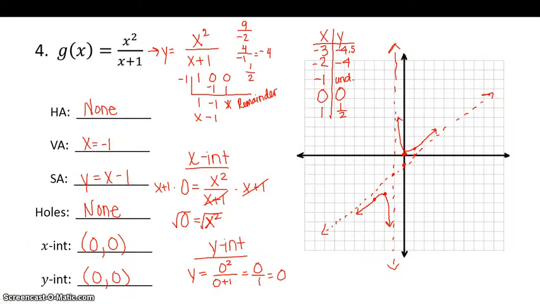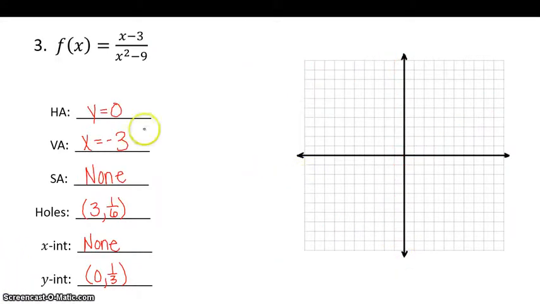Okay? So now let's go to number 3. These were the answers that we got for all of that information. So let's go ahead and just plot all of this on the graph first. The horizontal asymptote is at y equals 0. Vertical, 1, 2, 3, x equals -3.